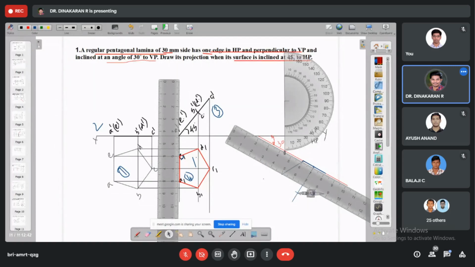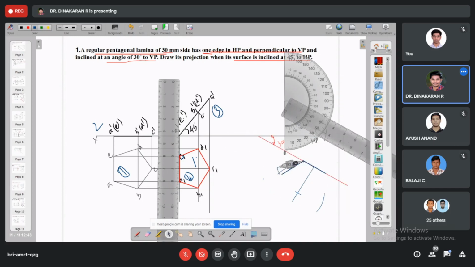What are the dimensions there? Then measure A1 to B1, then cut it on with this arc. Then after that, join with a thick line.